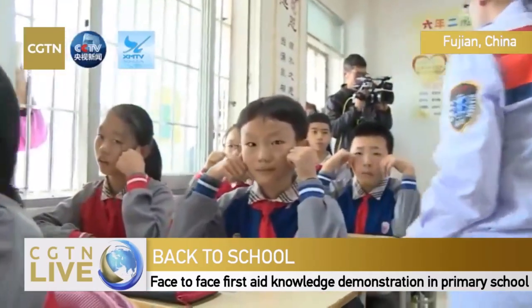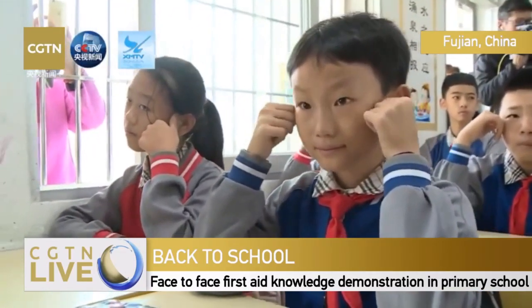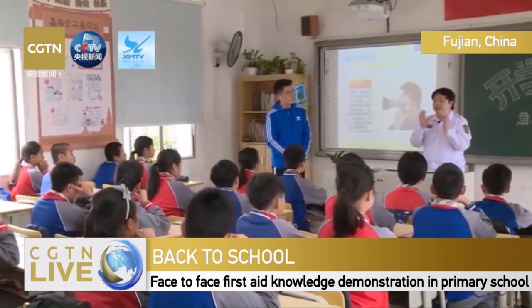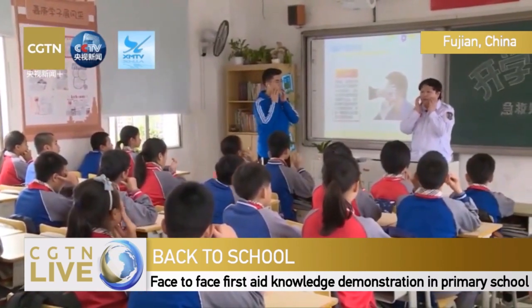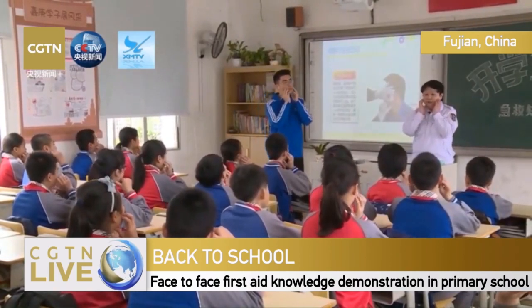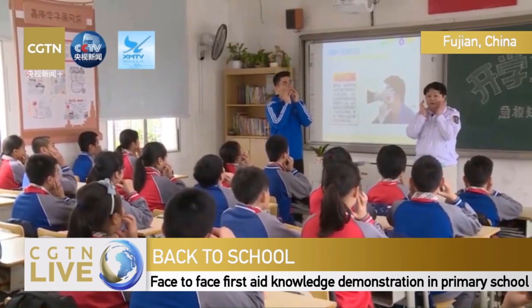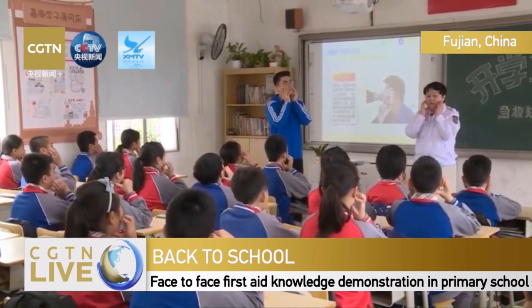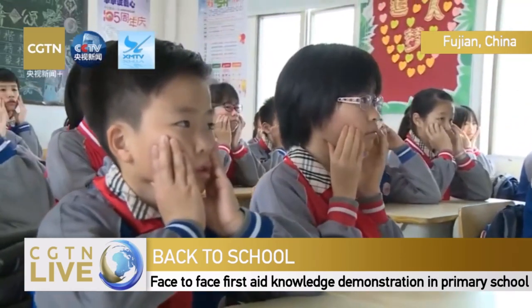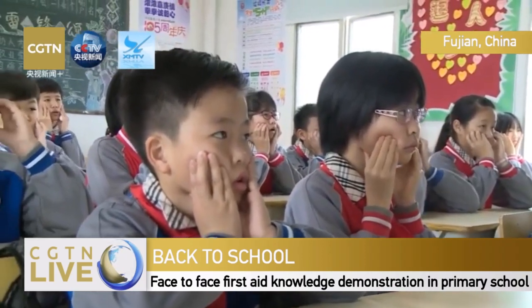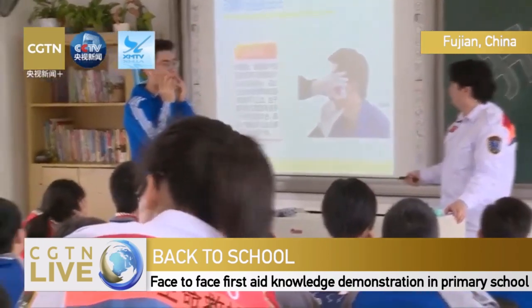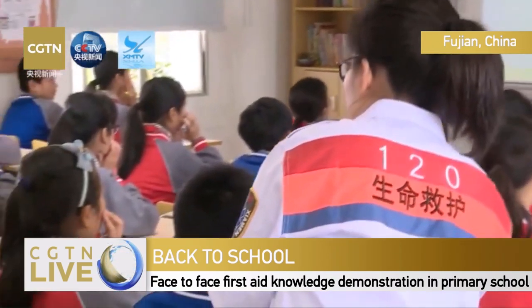And next step, when there is a head injury and bleeding, you have to use both hands to touch the pressure point here at your jaw. Yes, exert some pressure, and this can stop the bleeding at your head. This is how you stop the bleeding.